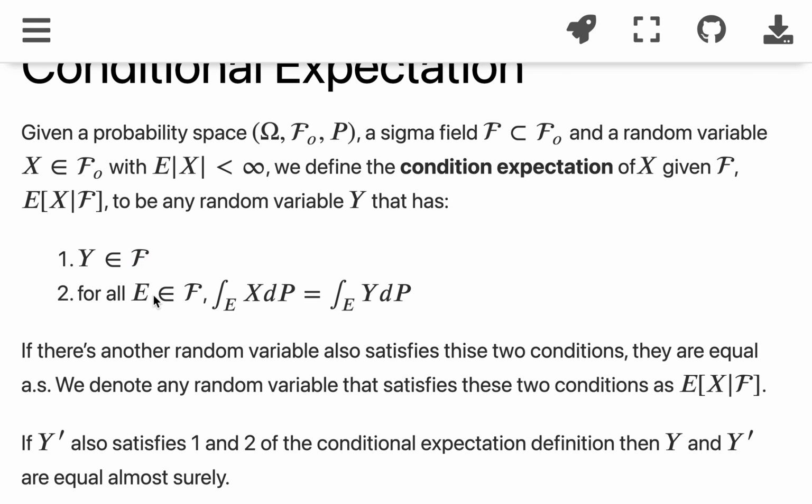Second, for any event E in this smaller sigma field F, the integral of X on the event E equals the integral of the conditional expectation random variable Y, which is a version of the conditional expectation. They are equal on any event E in F.